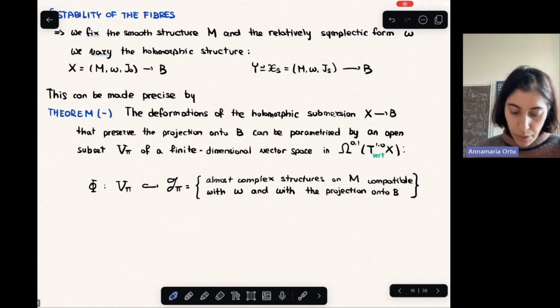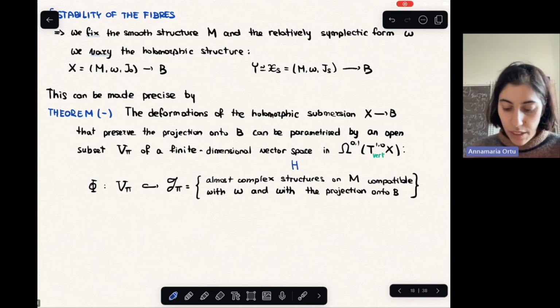So if we were not looking at the Kähler form, but only at the holomorphic structure, this would be a space of deformations of the holomorphic structure. So it would be like the first cohomology of the holomorphic tangent bundle.